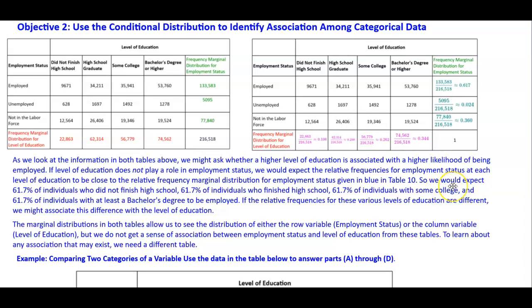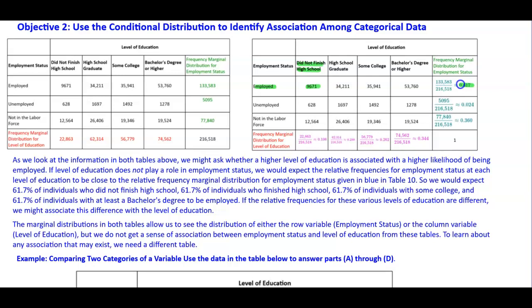So we would expect that this represents 61.7%, right? So that means 61.7% of the individuals with employment status of employed did not finish high school.